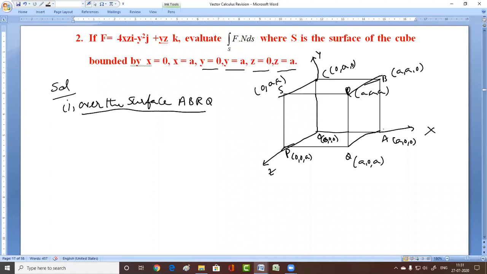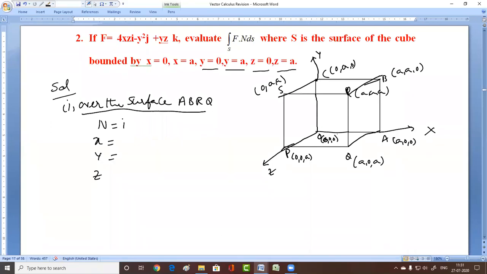Nothing but the x-axis. Normal is the x-axis. Unit normal equals i. Unit outward normal is i. Now observe, what about x, y, z in this plane?